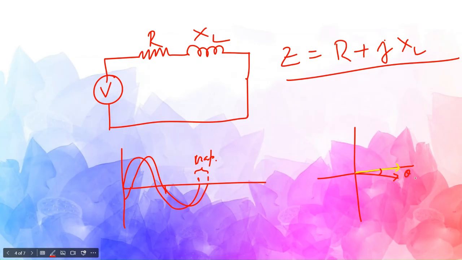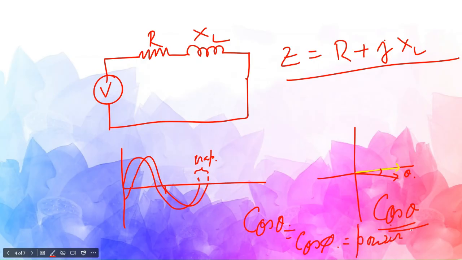This angle is called theta, and it is represented as cos theta. This cos theta is called power factor, cos theta, or it is also called cos phi. Both are the same thing. So this is called power factor.